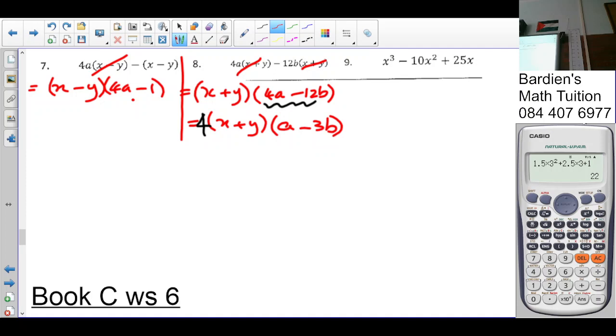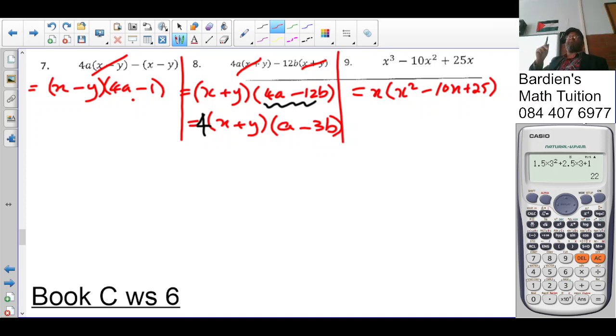Number 9. What's happening in number 9? The common factor is x. What am I left with? x squared minus 10x plus 25. What do you notice here? What's the square root of x squared? x. What's the square root of 25? 5.